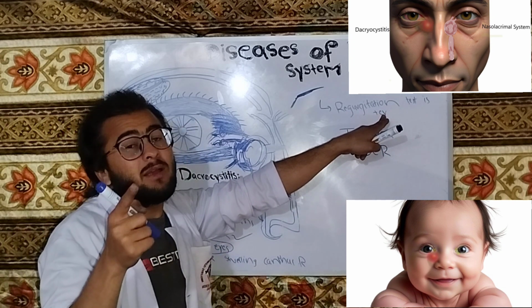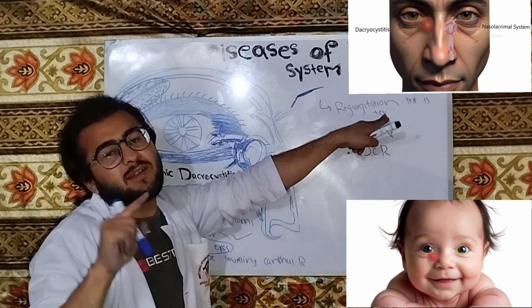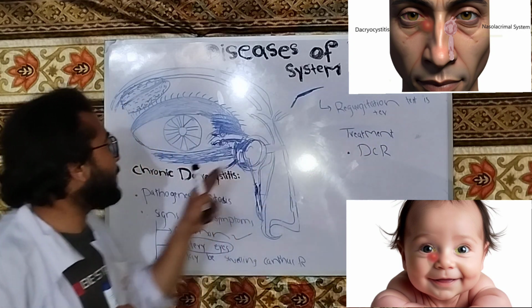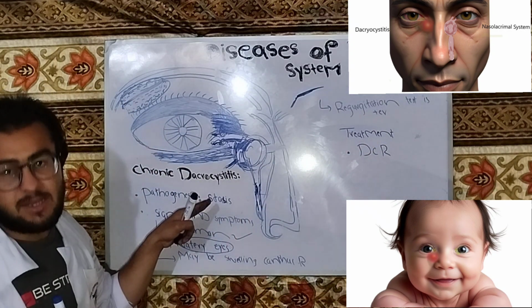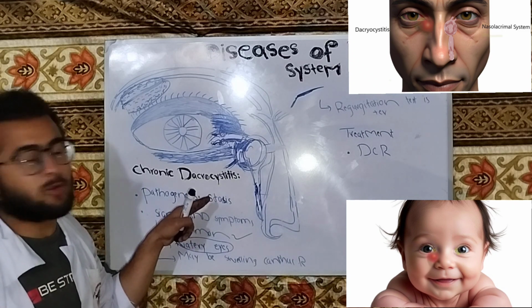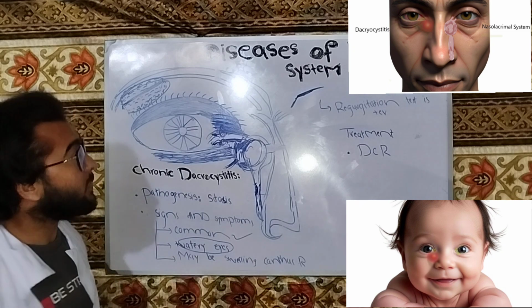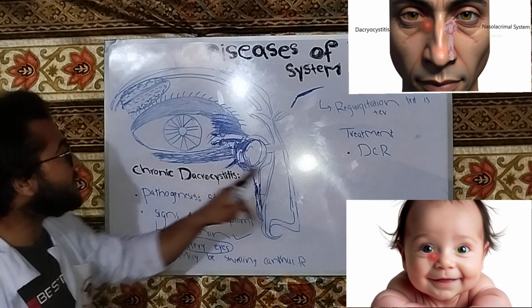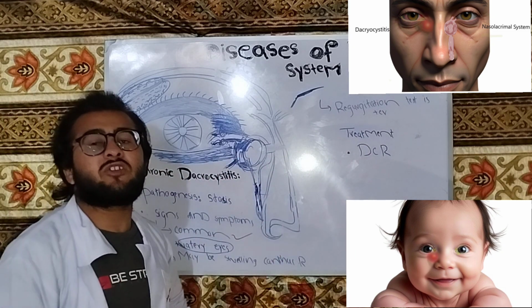If we perform it in the acute stage, it will worsen the condition of the patient. So it can be performed only in chronic dacryocystitis, and in other conditions like nasolacrimal duct obstruction, to confirm the condition. The treatment for chronic dacryocystitis is mainly DCR, dacryocystorhinostomy.